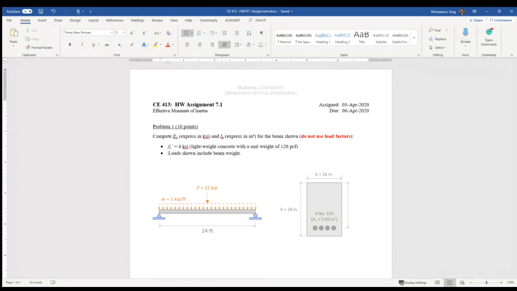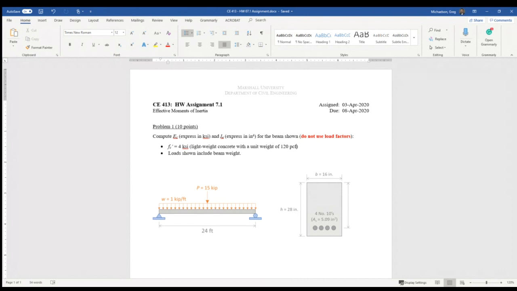The only other points I would make are, one, don't use any load factors. You just use the raw loads as they're given. Don't try and do 1.2 dead or 1.6 live or any of that. Again, this is serviceability. That part doesn't really matter, okay? So just the raw loads.